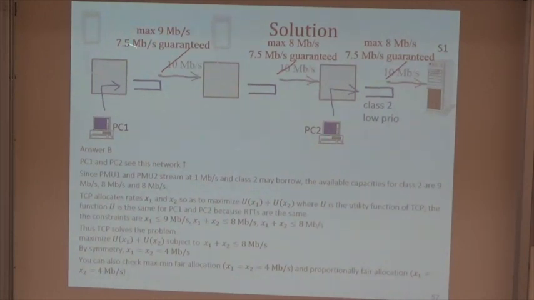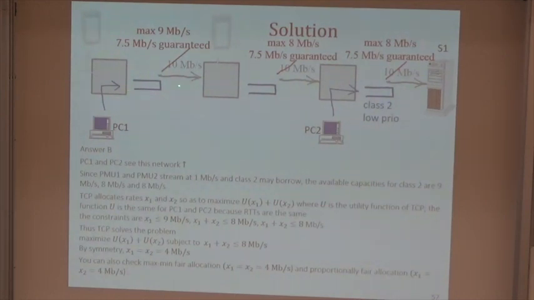On the first link, there is 1 megabit per second that is taken away by the red queue. The scheduler will therefore deliver to the blue, to the rest, the remaining capacity. It will guarantee 7.5, but since the red is using less than its committed rate, it can use up to 9 megabit per second.